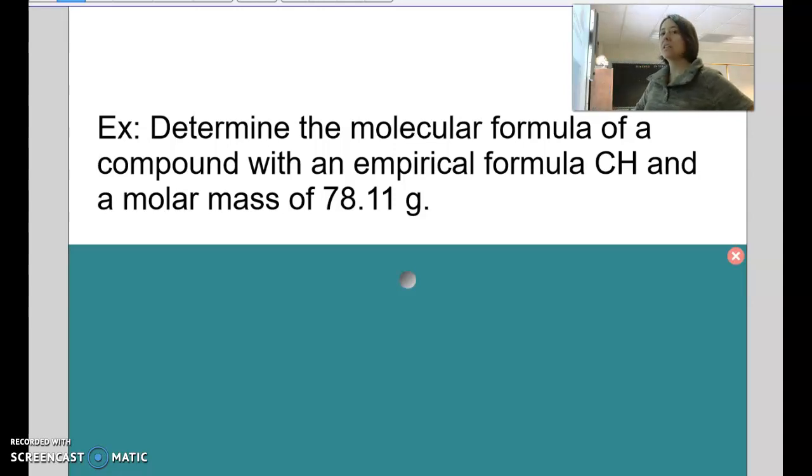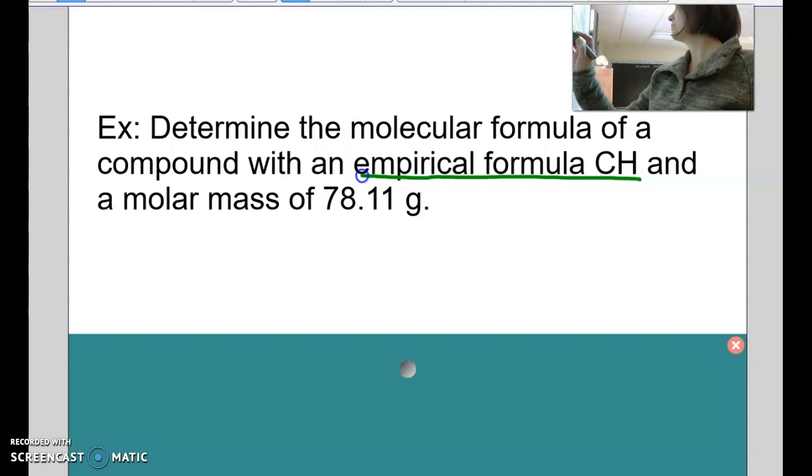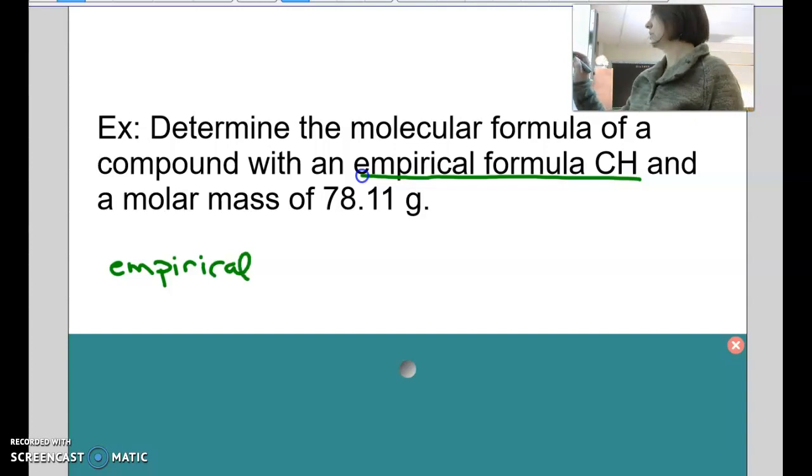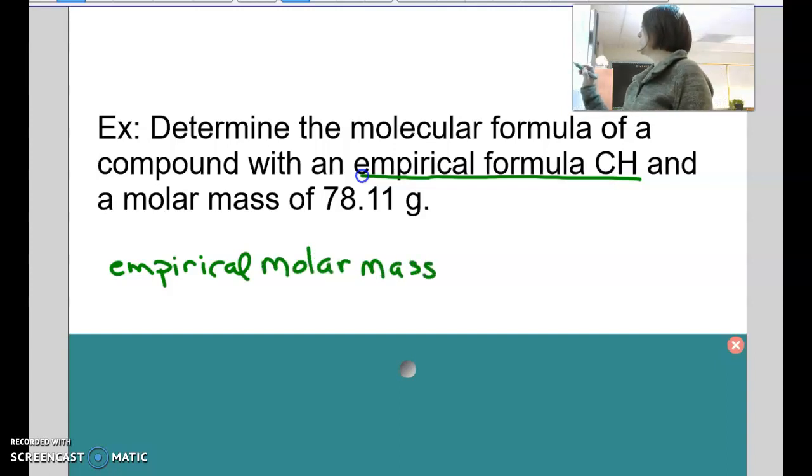Now, the molar mass of the molecule is often found in the problem. We should find the molar mass of the empirical formula. So we see that the empirical formula is CH. Since it's a multi-step problem, I won't make you show all your work, but you do need to label things and keep it organized.